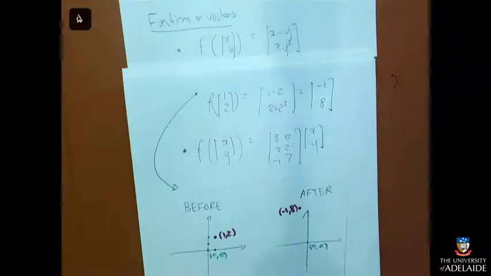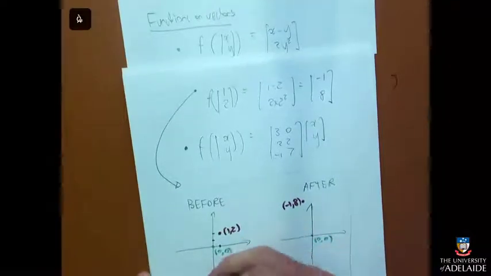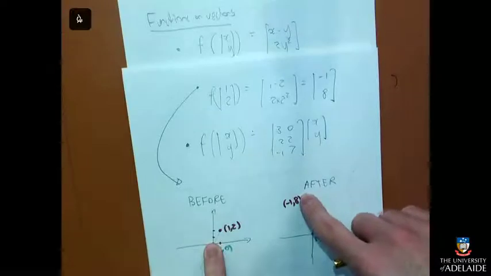Linear transformations have the property that things that are lines before are, most of the time, lines after. They may be single points, but we'll run with that later. So this thing is going to create curves from straight lines. If I take a straight line here, then the 1, 2 becomes minus 1, 8.